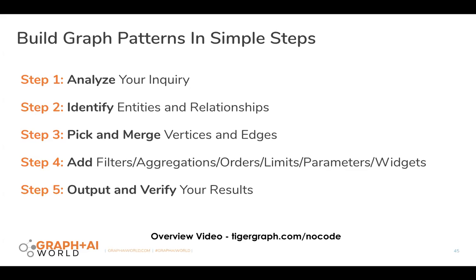This is another tool you can explore. In step 5, you can output your results. We have a new concept called output flow, which is a very easy way to make one of the vertices or edges into the results that you want to show. You can also use it to verify your results, because you can toggle on and off whether some vertices and edges show up in the results.